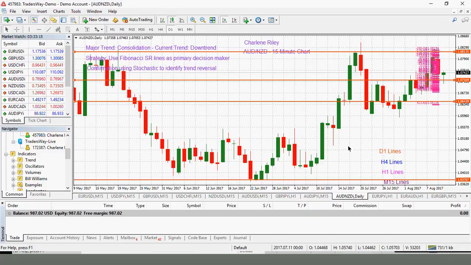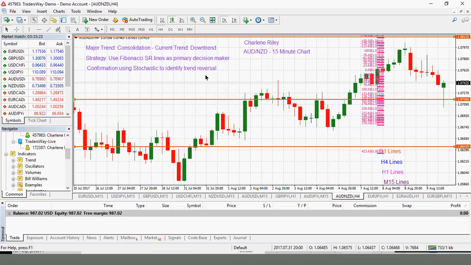As I said, the market has been in an uptrend lately on the daily chart. Looking now at the 4-hour chart, we see that for the past 24 hours, the market has been in somewhat of a downtrend.